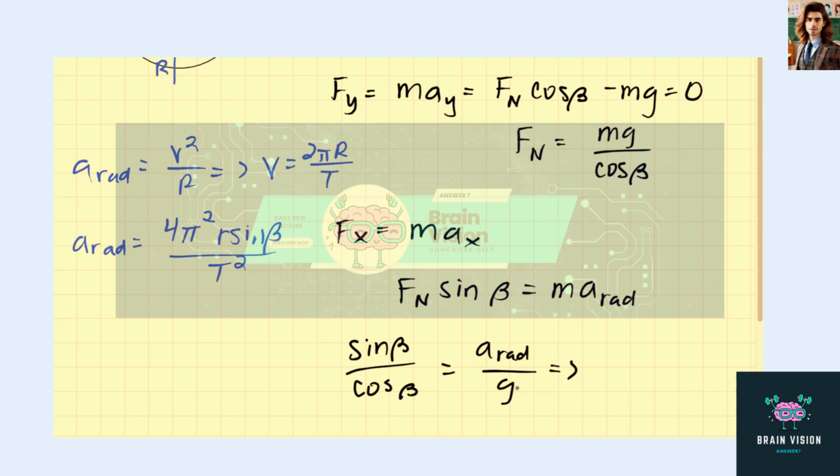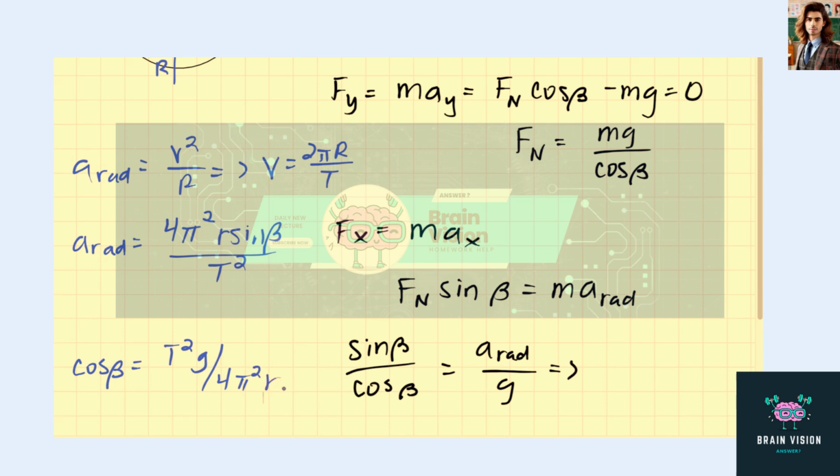So plugging this into this equation gives us that cosine of beta. So sine of beta is equal to 0, or this is true: T squared g over 4 pi squared r.